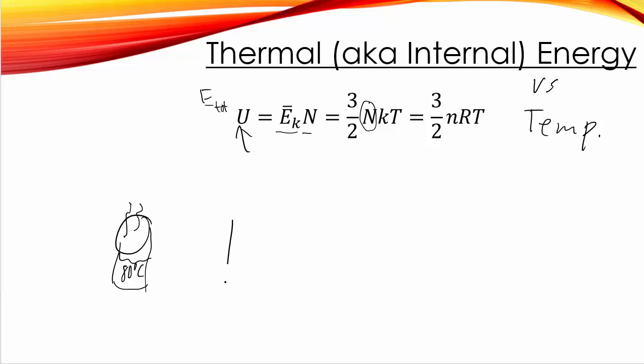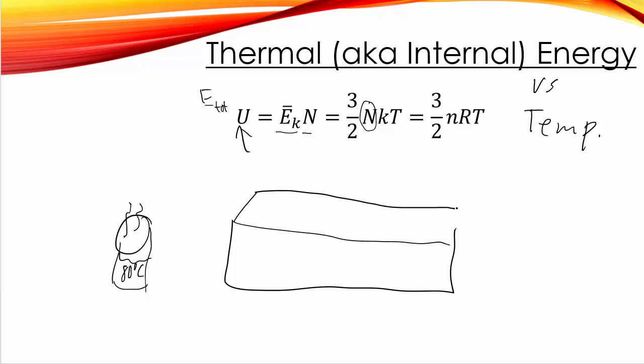And then let's say we also have a big bathtub full of water. Okay, bathtub, water in there. I'm a terrible artist, but we'll forget about that. Okay, and let's say that this water is a little bit cooler, 50 degrees Celsius.